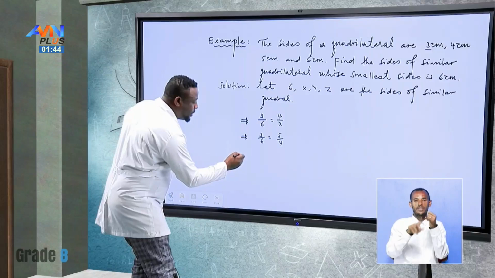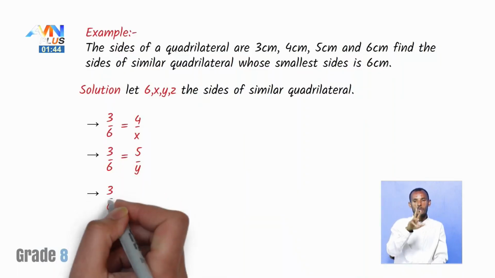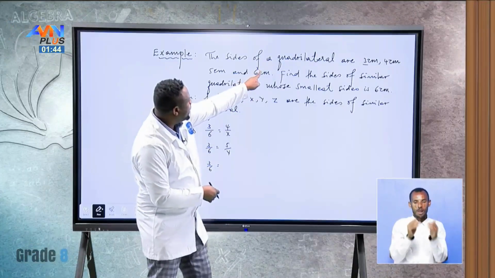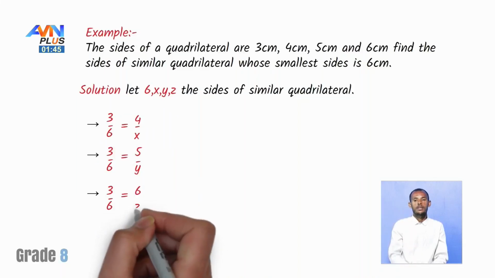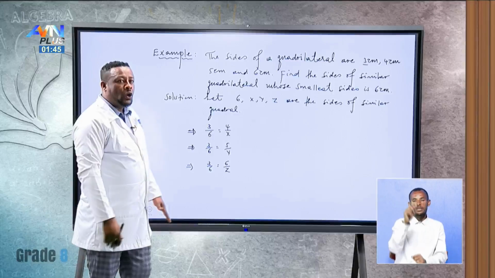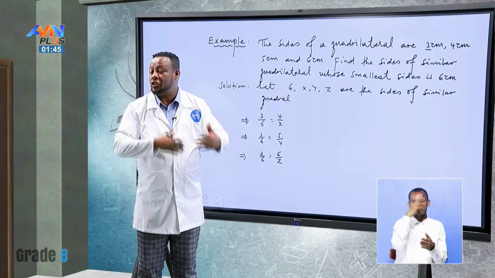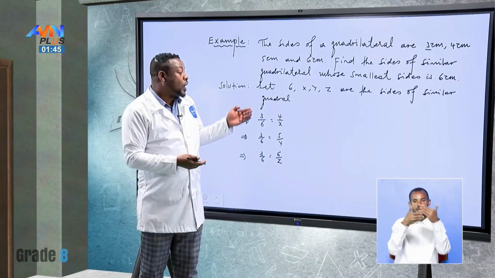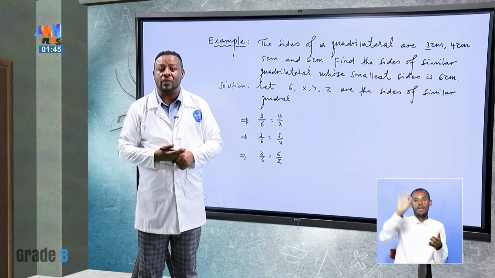Lastly, the ratio of 3 over 6 must be the same as 6 over z, okay, 6 over z, right? So this happens because of the definition of similar polygons. So the next step is you need to calculate all these equations and obtain the unknown variables.